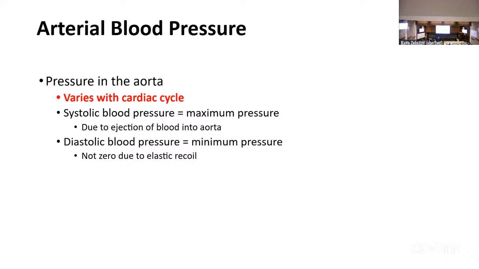And we're measuring a lower pressure, our minimum pressure, happening during that diastole phase, during that relaxation of the heart. It's not going to be zero because we don't have blood coming in, but we have those walls of the aorta recoiling, keeping that pressure up a little bit, but it's going to be lower than it is during systole.